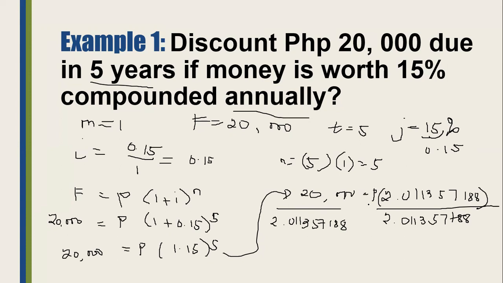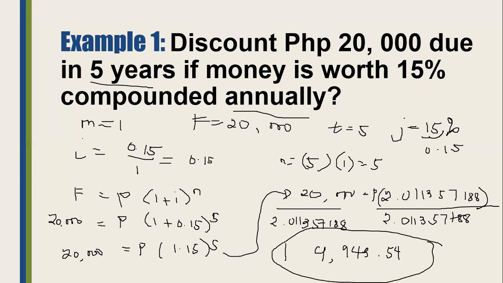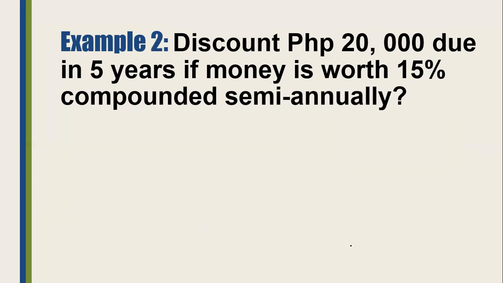So 20,000 divided by 2.011357188, we have 9,943 pesos and 54 cents. So our P is 9,943.54.